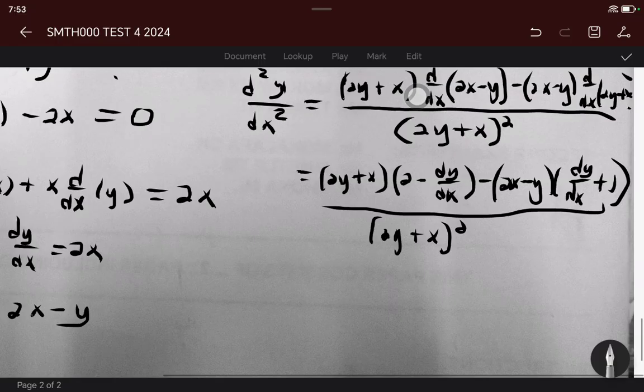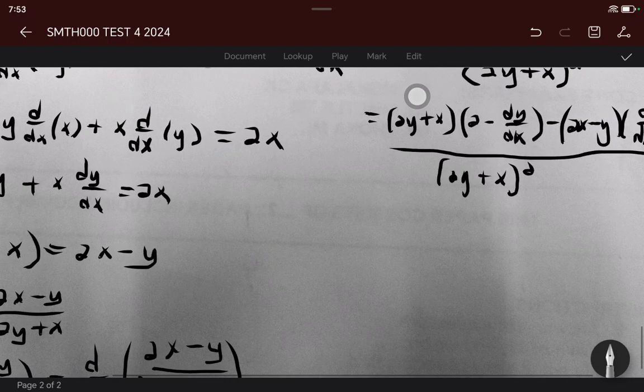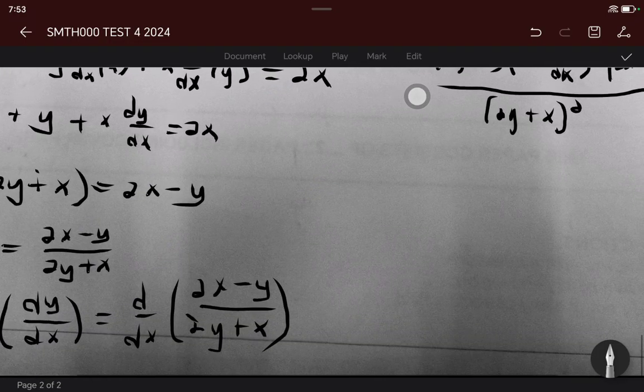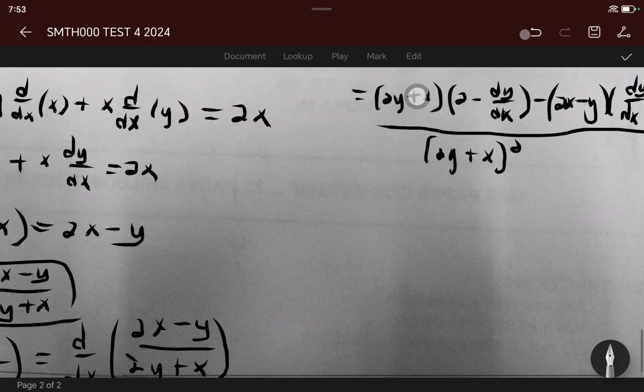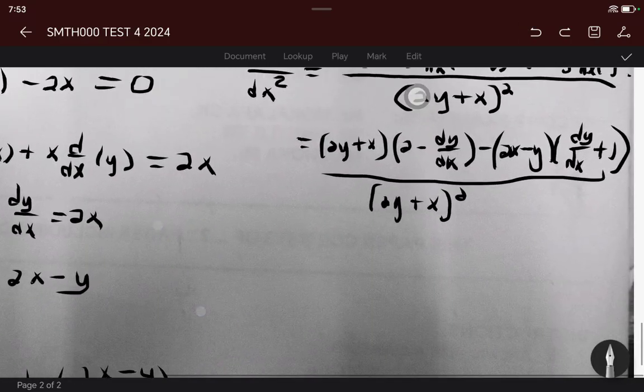Now, from here, we can now do two things. We can either multiply through, or we direct substitute our dy over dx. But looking at this situation, I think it's best that we start by multiplying through, right?